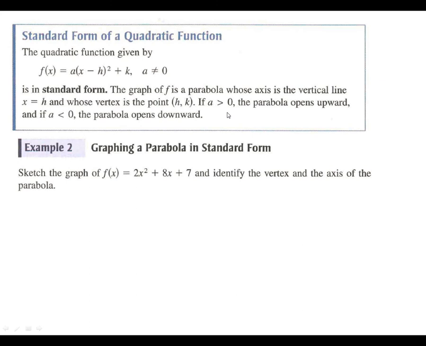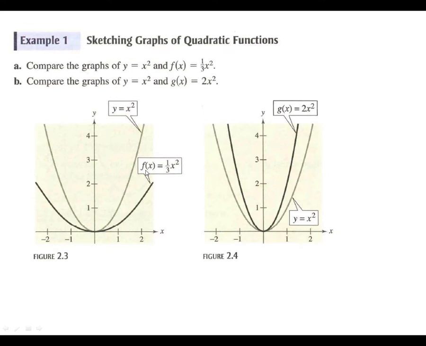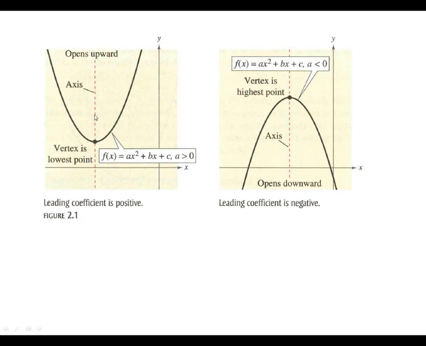All right, so a standard form of a quadratic function. The quadratic function is given by this. If we can have our quadratic look like this, a, parentheses, x minus h squared plus k, we're in standard form. And it's nice to do this because a couple of nice things happen. If we can get it in this form, the axis, the line in the graph that runs down the middle, creates our line of symmetry.